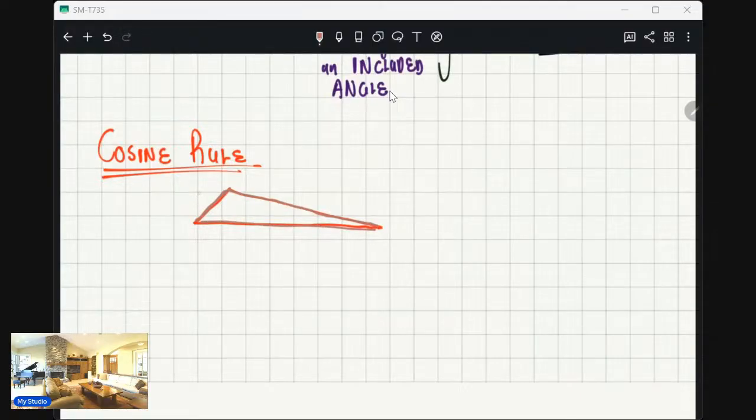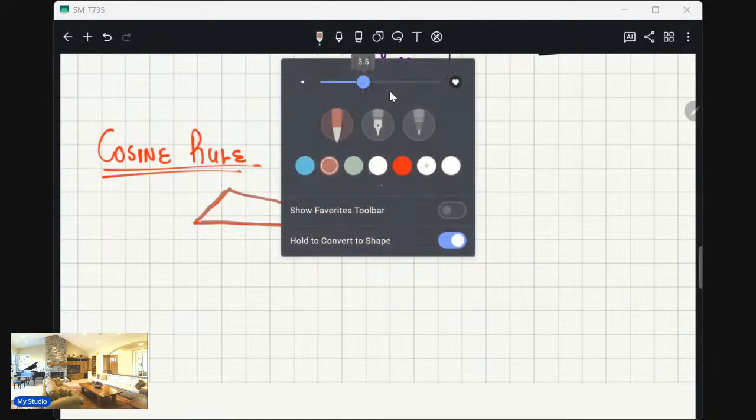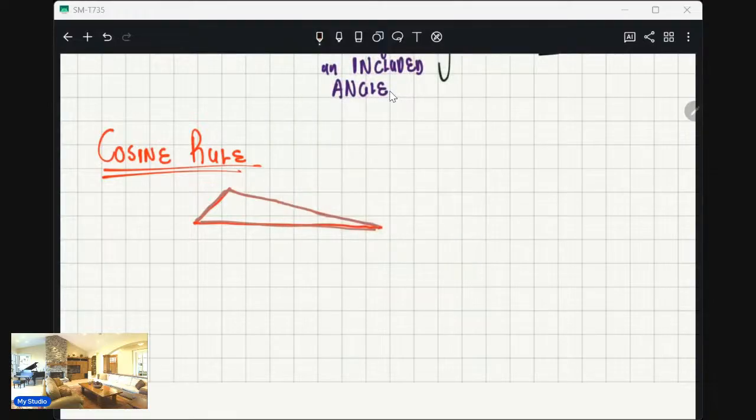You'll be having a side, another side. We use capital letters for corners like A, then B, then C. Then we use small letters for the sides. So opposite big A, you have side small a.